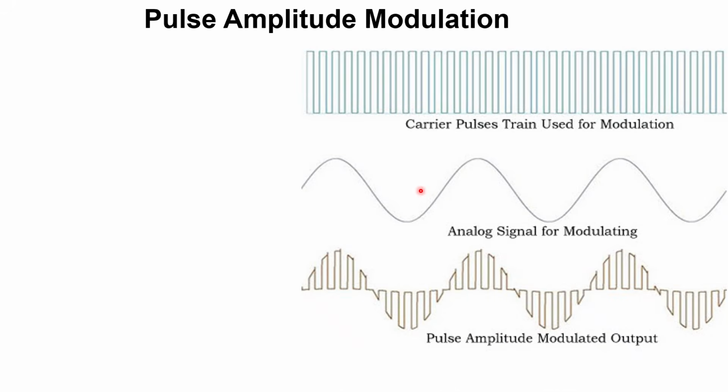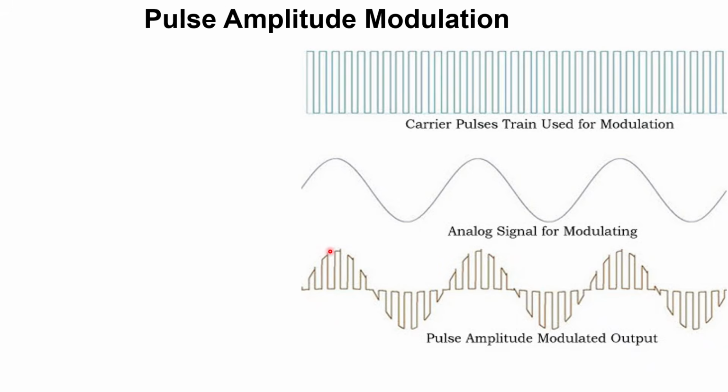So here is pulse amplitude modulation. Here if you see, the carrier is your pulse train, and this is the message signal. The message signal is what we exactly want to transmit, and here is the modulated signal. So this is the pulse amplitude modulated signal. Now here if you see, the pulse is the same, meaning the frequency of the pulse is the same, only the amplitude is varying.